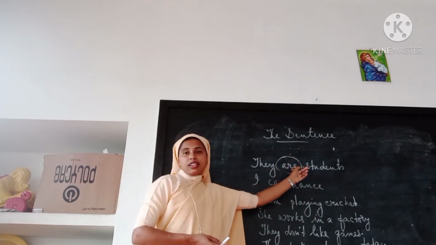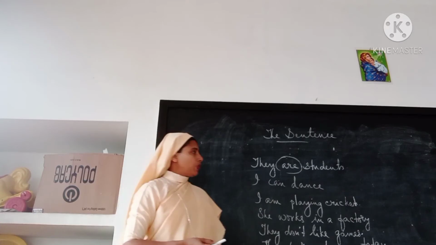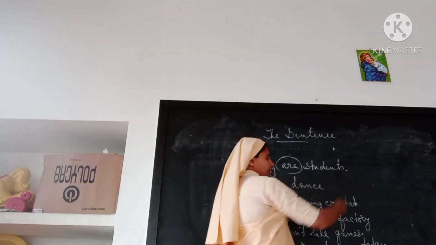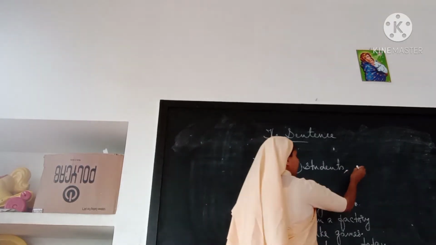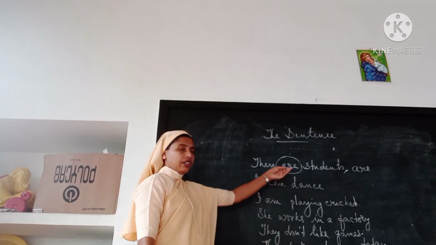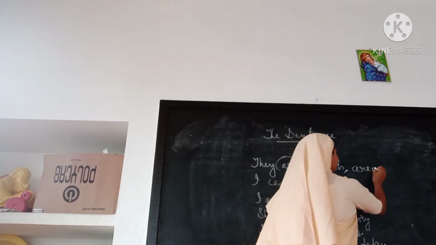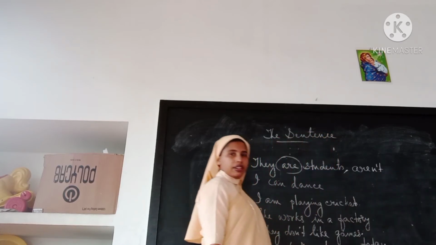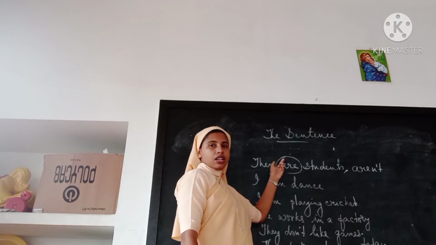They are students. See the auxiliary here. That is are. If it is a positive sentence, the tag will be negative. So we take are first, and the positive we have to make into negative. So aren't. Then you must take the pronoun here.